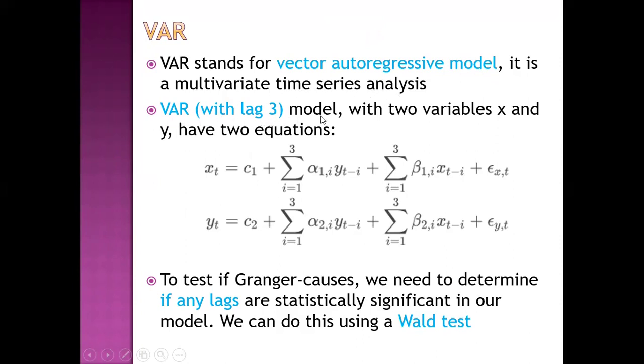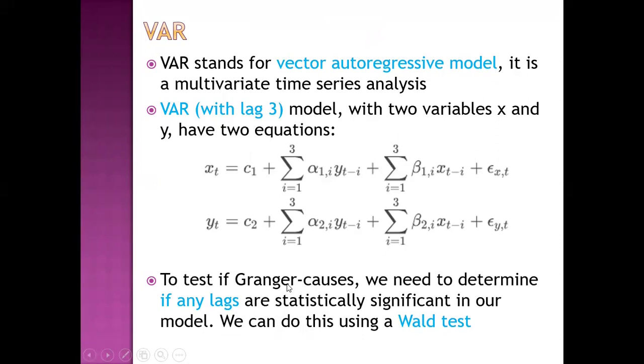A VAR model with lag 3 and two variables x and y has two equations. These are equations where one variable depends on the previous three lags of another variable and the previous three lags of the variable itself.